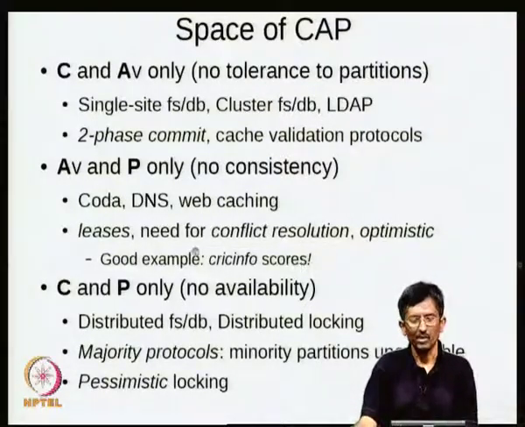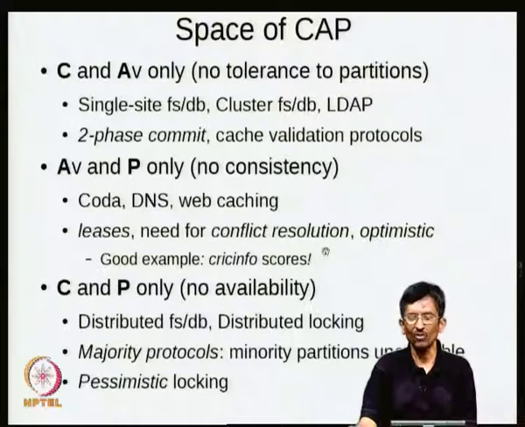In all these cases, you are optimistic. You are saying that it is okay to have slightly inconsistent values, they will be corrected sometime soon. This is the optimistic version. Because of this, sometimes there is a need for conflict resolution. That means I got 2 scores, and I at least mentally have to resolve what happened.